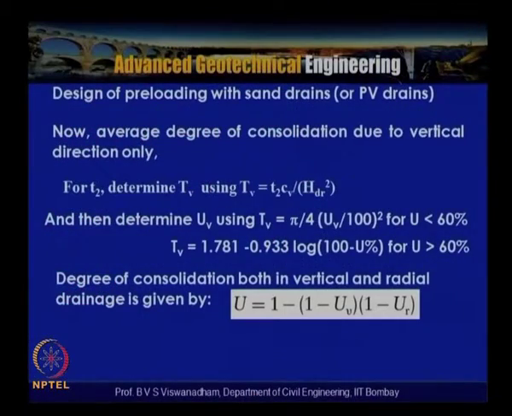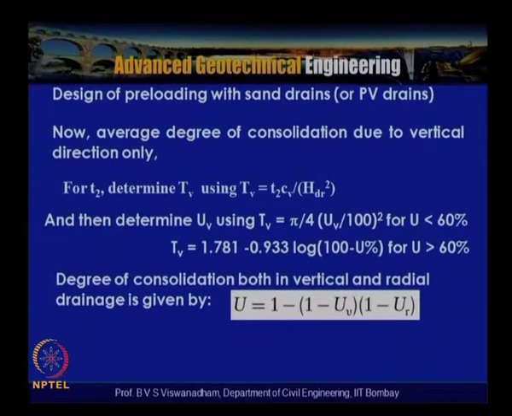After having obtained the radial drainage, what we need to do is calculate the average degree of consolidation due to vertical direction only. For this, for time T2, determine TV, which is nothing but T2 into CV by HDR square.